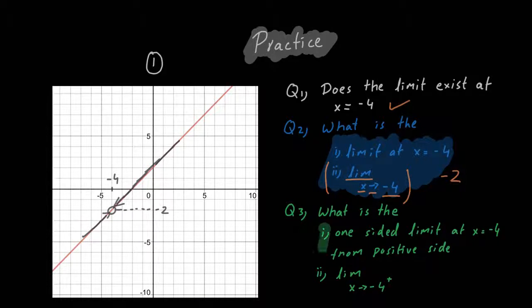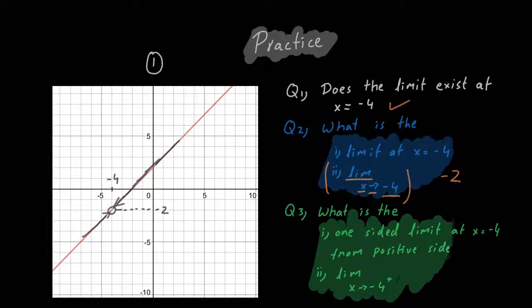For question 3, the same question can also be asked this way: What is the one-sided limit at x is equal to 4 from the positive side? Or what is the limit as x approaches negative 4 from the positive side? The negative side would just be a negative over here.